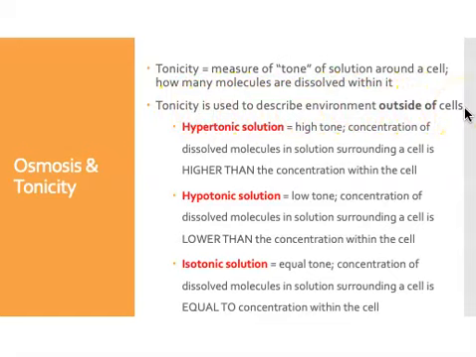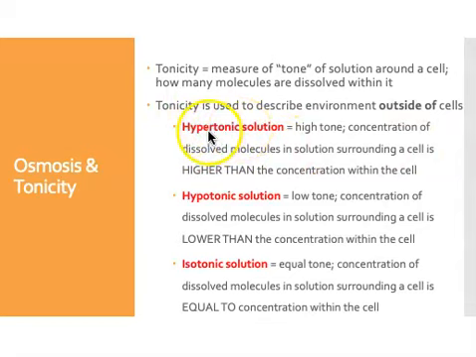A lot of people use tonicity to describe both the inside and the outside of the cell. But technically speaking, when we talk about tonicity, we're talking about the environment outside of the cell compared to the inside of the cell. So let's think about these terms separately.